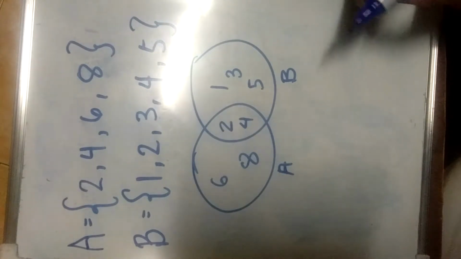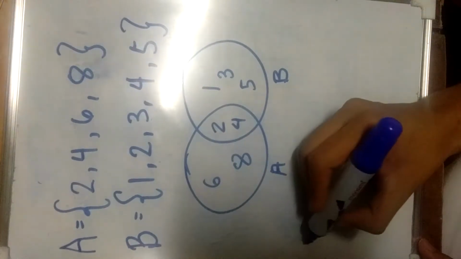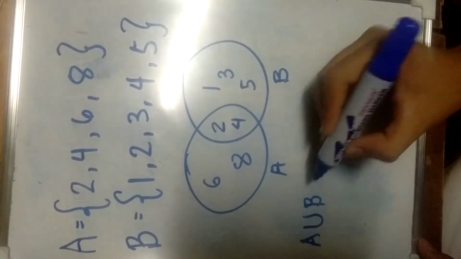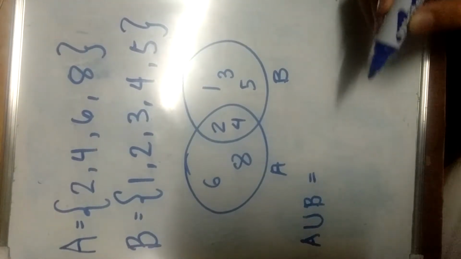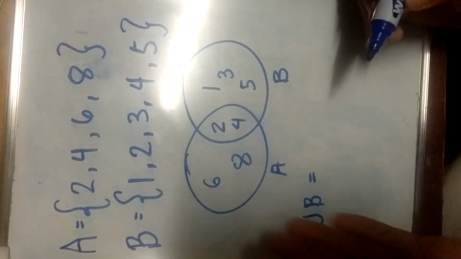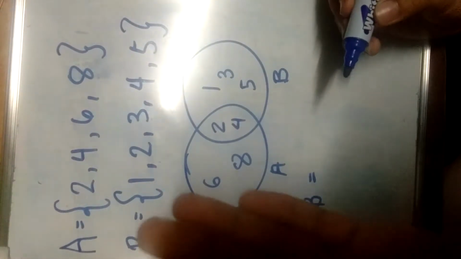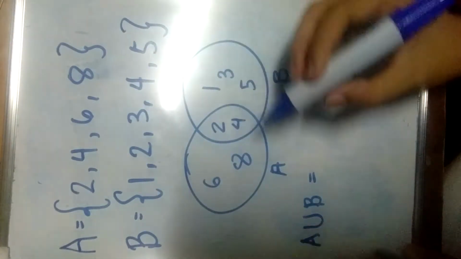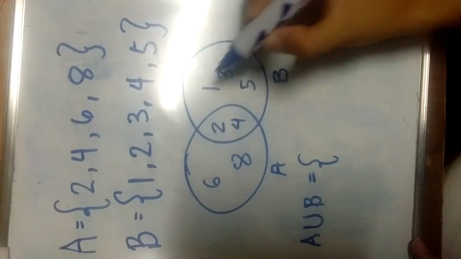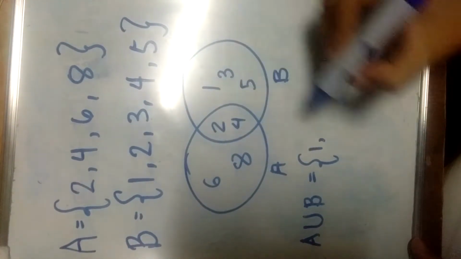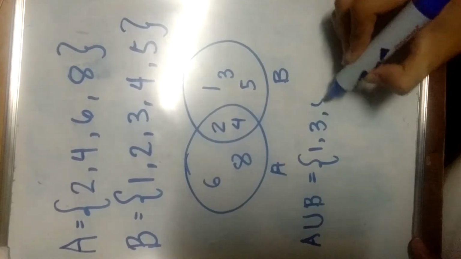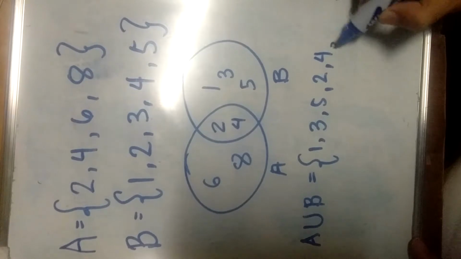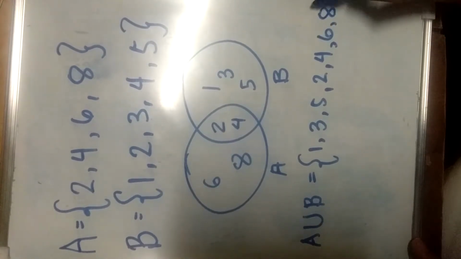Okay, so in finding the union of sets A and B, we'll just get all the elements of set A and set B here. So obviously we have 1, 3, 5, 2, 4, 6, and 8.